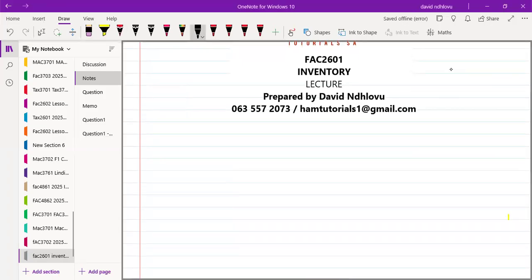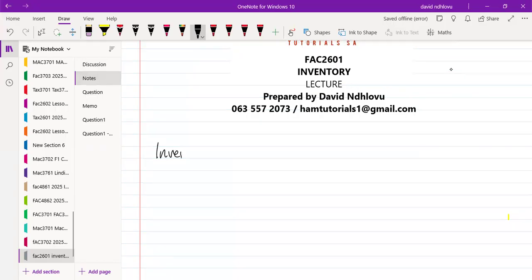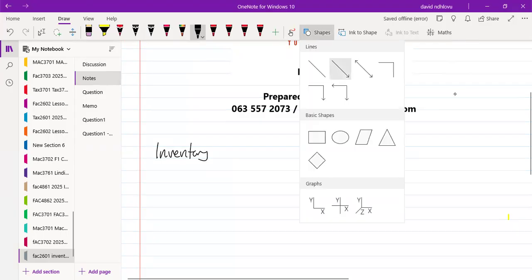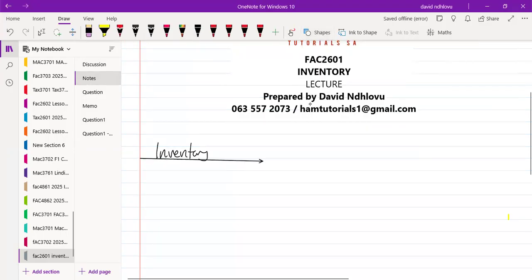Right, let's start by looking at inventory and define it. From your previous work, you know that inventory refers to assets.